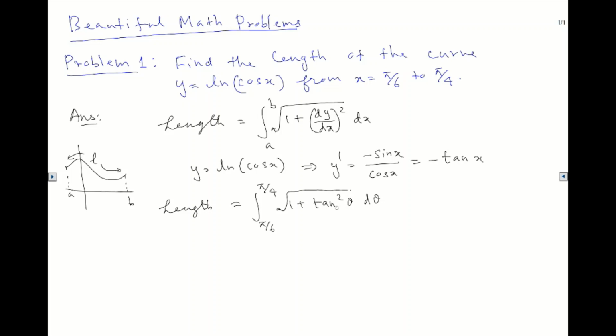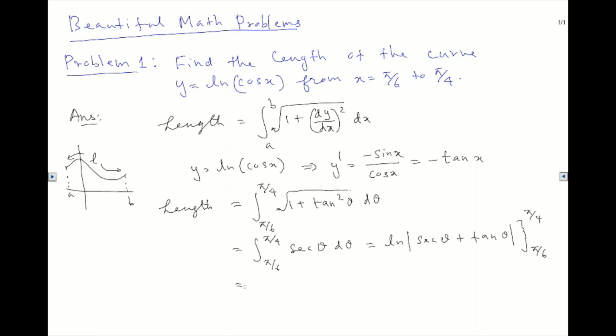This is easy to integrate. 1 plus tan squared theta is secant squared theta, and once you take the square root, you get the integral from pi over 6 to pi over 4 of secant theta d theta. We know the integral of secant is ln of secant theta plus tan theta, and then we can evaluate this at pi over 4 and pi over 6.